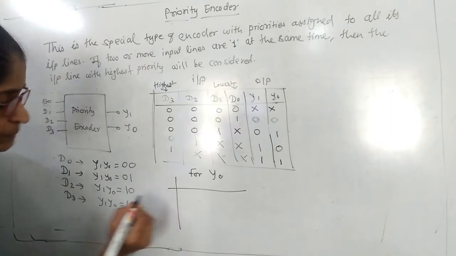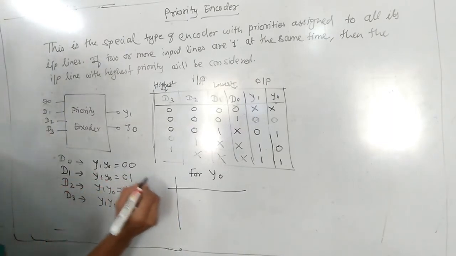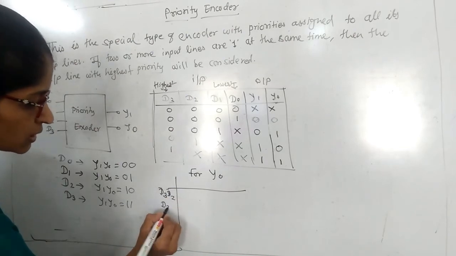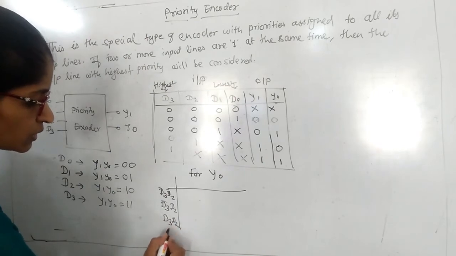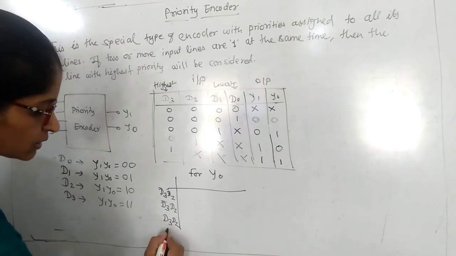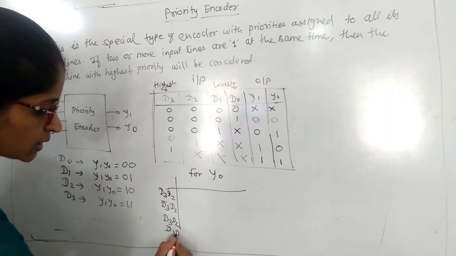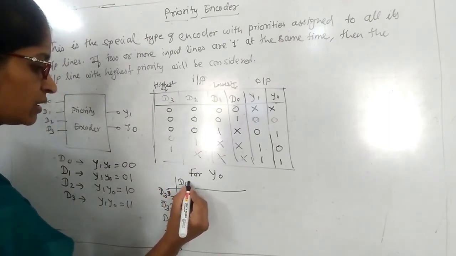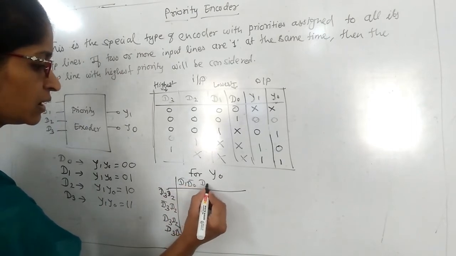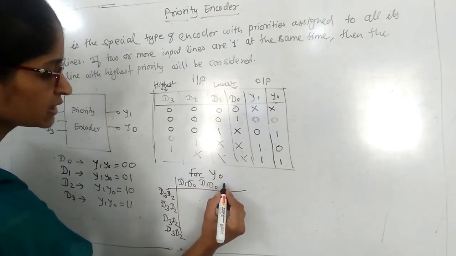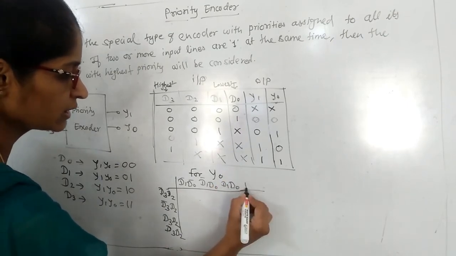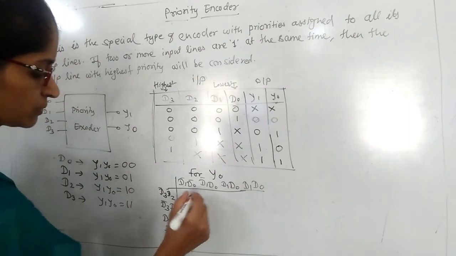Here we have the inputs D3, D2 as D3 bar D2 bar, D3 bar D2, D3 D2, and D3 D2 bar, and here we get D1 D0 bar, D1 bar D0, D1 D0, and so on.